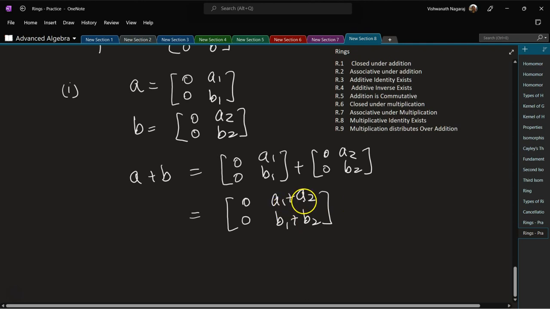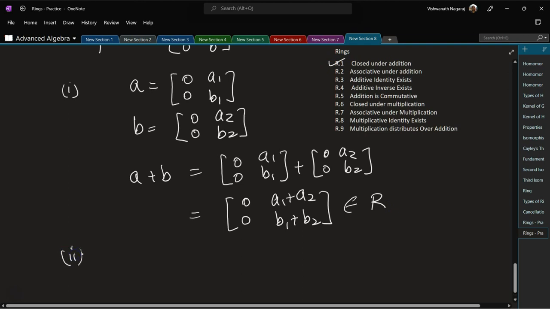Because a1, a2, b1, b2 belong to the set of real numbers, and we know in real numbers, the sum of any two real numbers belongs to real numbers. So therefore, this belongs to the ring R. So it is closed under addition.